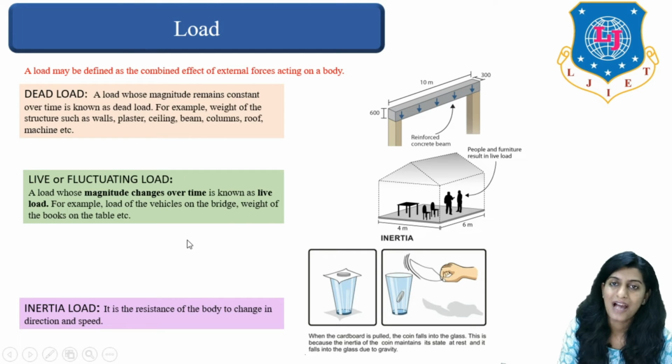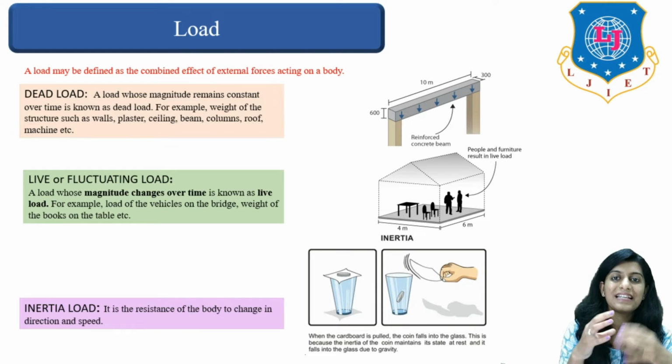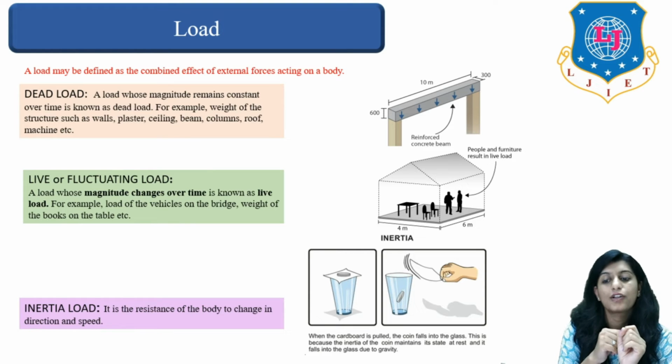The next one is live or fluctuating load. A load whose magnitude changes over time is known as a live or a fluctuating load. So whenever there is a change in magnitude or amount of load with respect to time, then it is termed as live or fluctuating load.